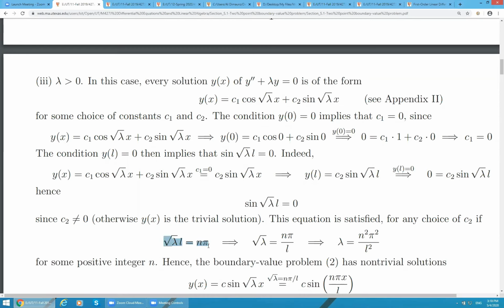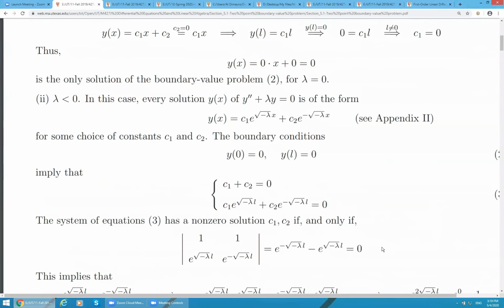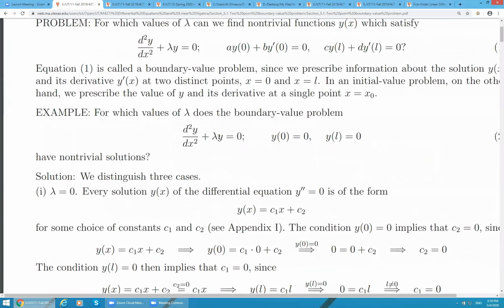It's exactly what is written here. Lastly, we divide both sides by L, and square both sides. This is a complete description of all lambdas for which our boundary value problem has a non-trivial solution.